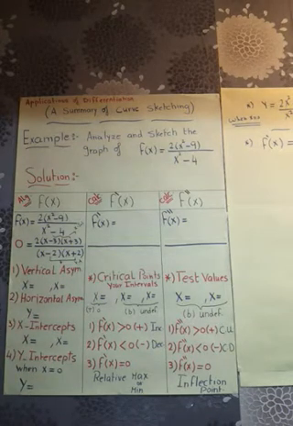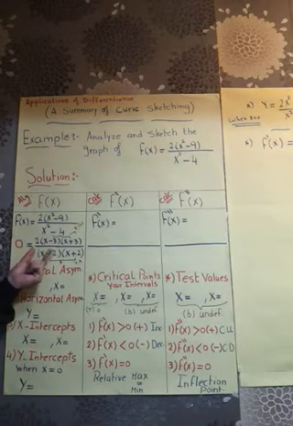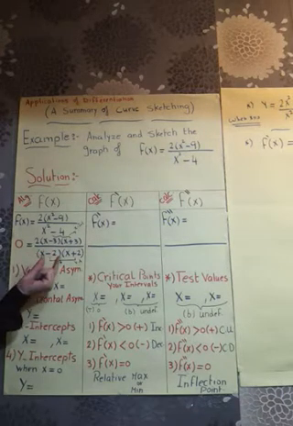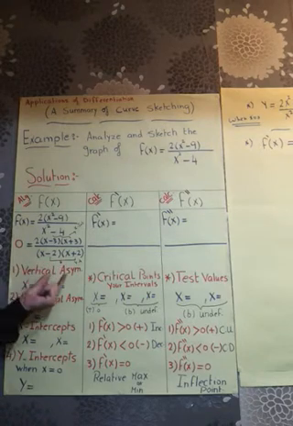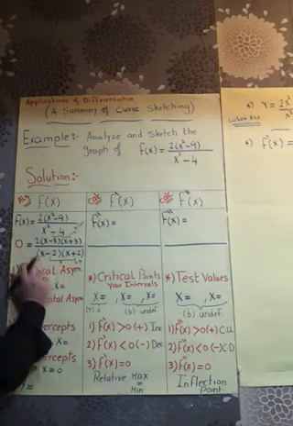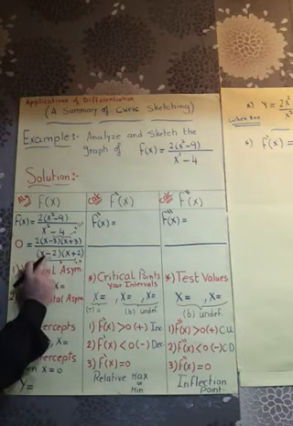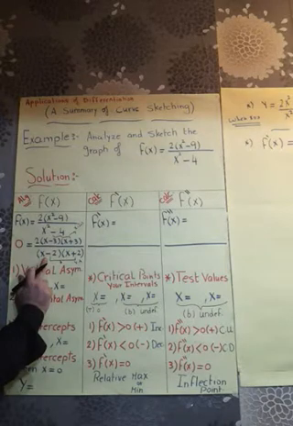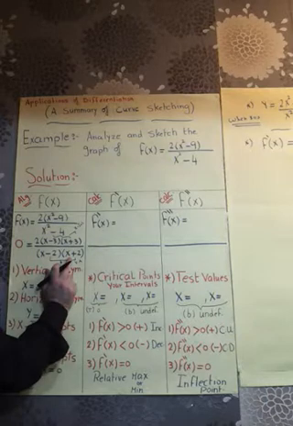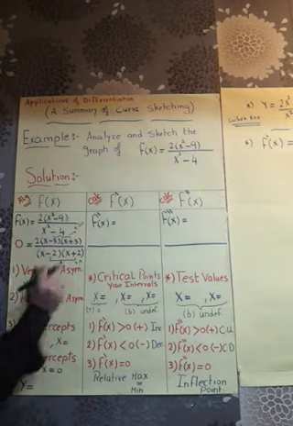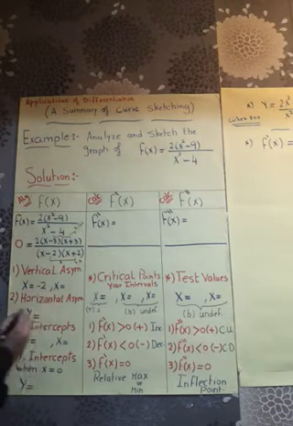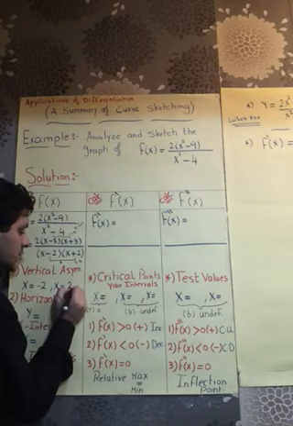So I'm going to write the asymptotes: the zero of x - 2 is x = 2, and for x + 2 it's x = -2. So the vertical asymptotes are x = -2 and x = 2.